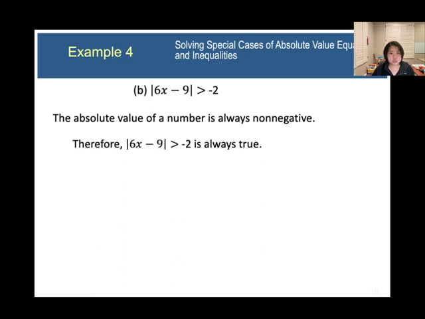So this is always true. That means no matter what you put for x, this will be a true statement. So our solution will be all real numbers for x. Solution set: negative infinity to positive infinity.